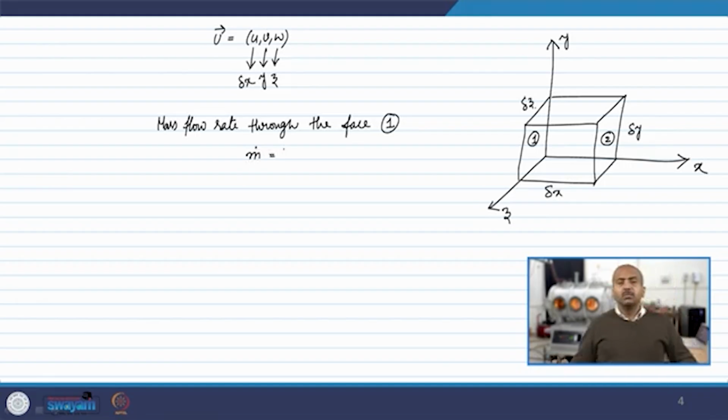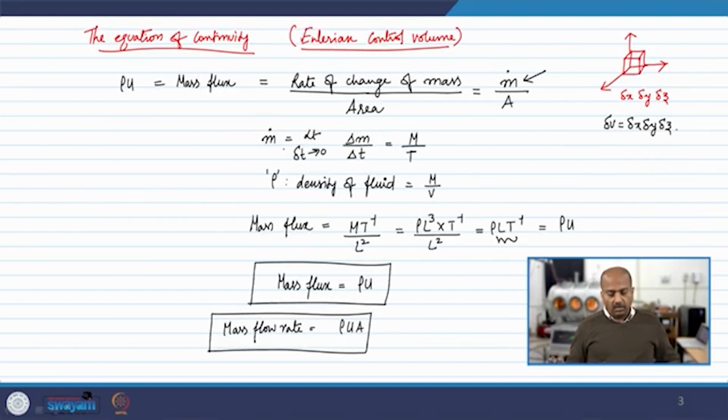Mass flow rate simply tells you what is the change in the mass per unit time, right, the rate of change of mass. And what we have realized is the rate of change of mass is given as rho times the velocity times the area. So, this area is there. So, only through this area, how much mass is changing.